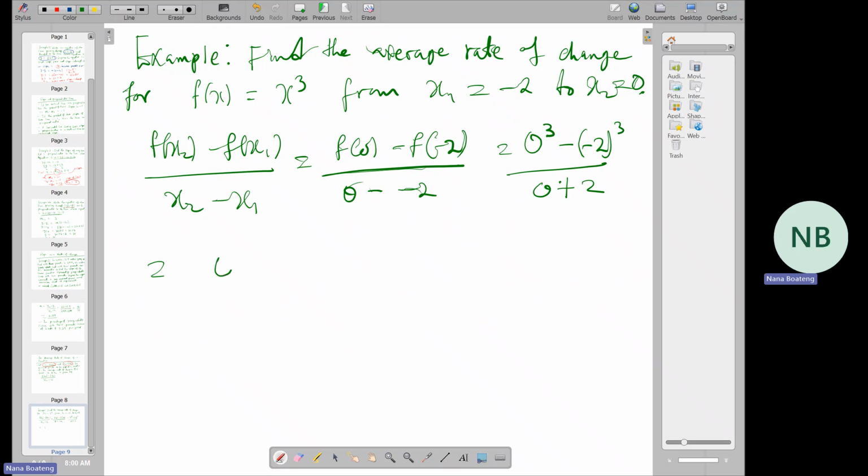So this is 0 minus -8, which is +8, divided by 2, which equals 4. So this is the average rate of change from x1 equals -2 to x2 equals 0.